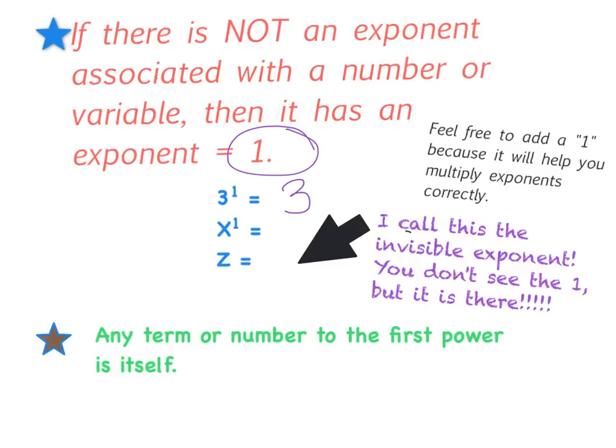X to the first power means x. And then if I want to add my invisible exponent of 1, z to the first power equals z. So any item or term raised to the first power equals itself. You can feel free to add an invisible exponent to any term or variable that doesn't contain an exponent, just to help you make the right calculations when you multiply.